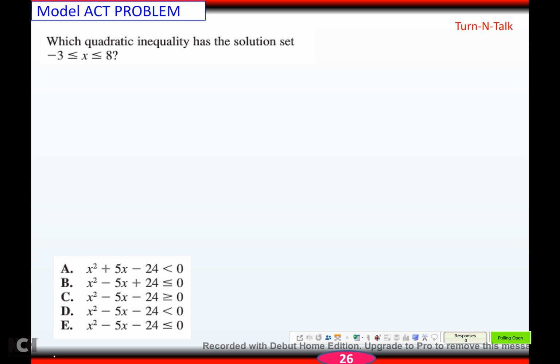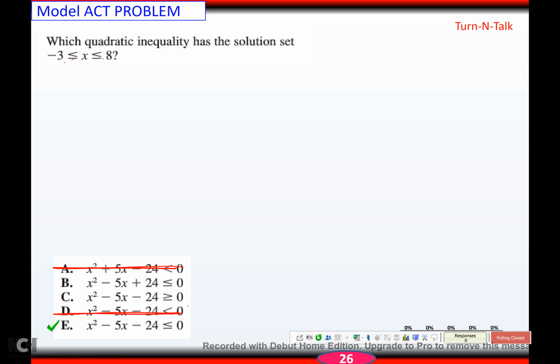Hopefully you got E. What I did was, I looked at it: my x has to be less than or equal to, for one thing. So A is out and D is out.